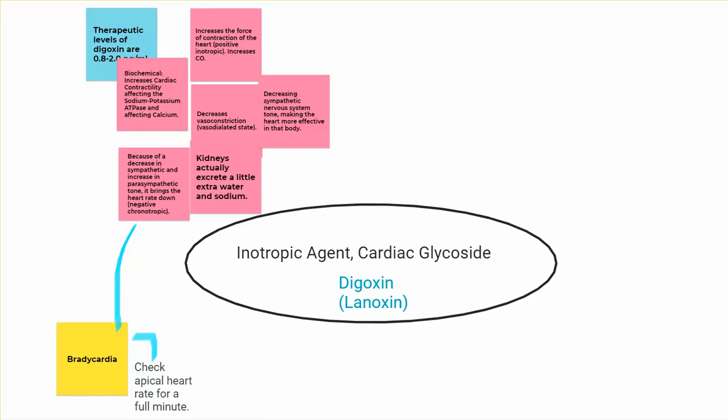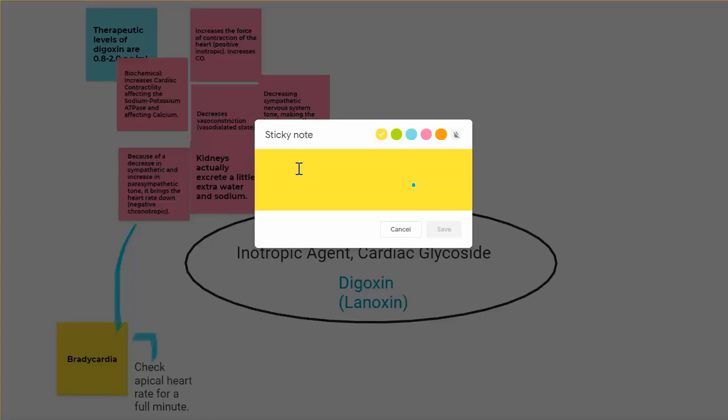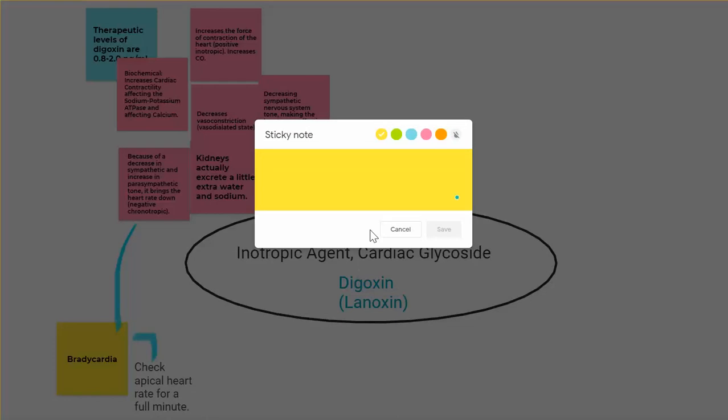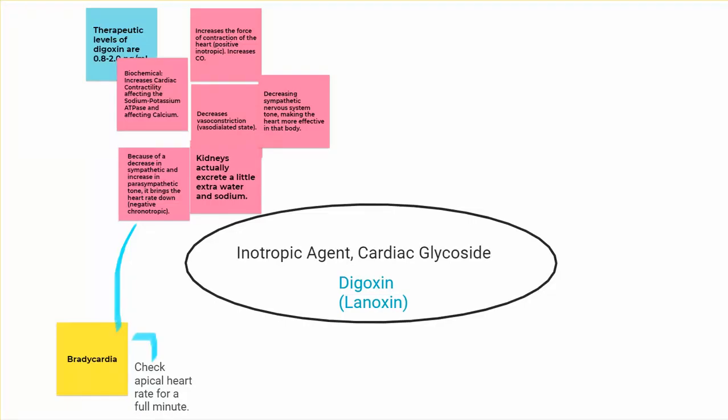So that can happen just because that person started out with a low heart rate, or it can happen because of an adverse reaction that just brought that heart rate down so far. So what I want you to remember is that heart rate needs to be 60 per minute or greater.